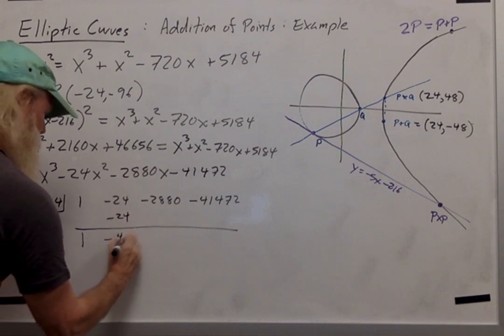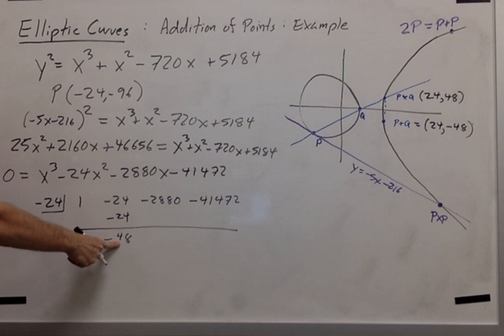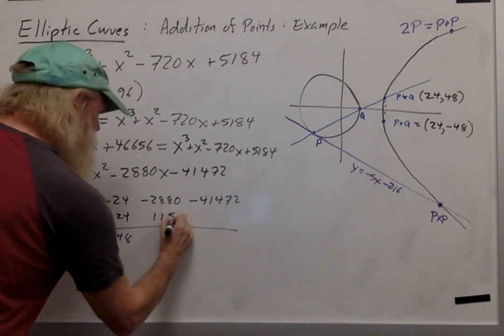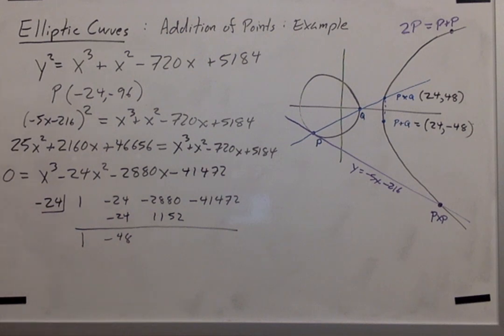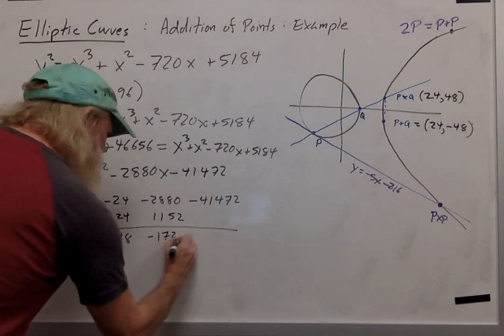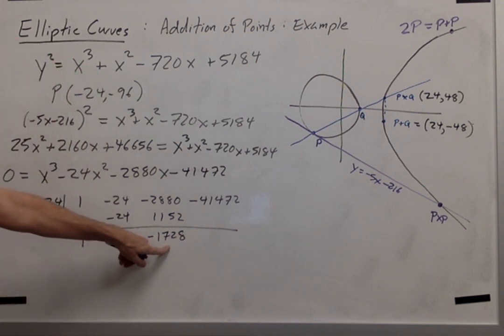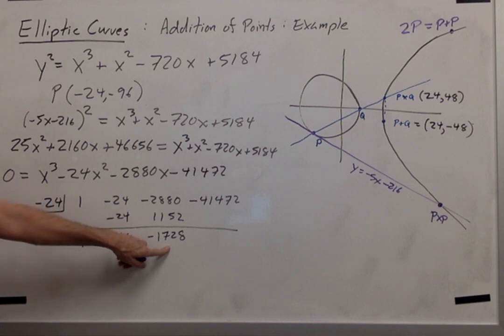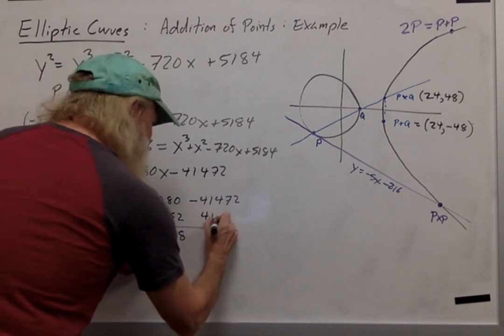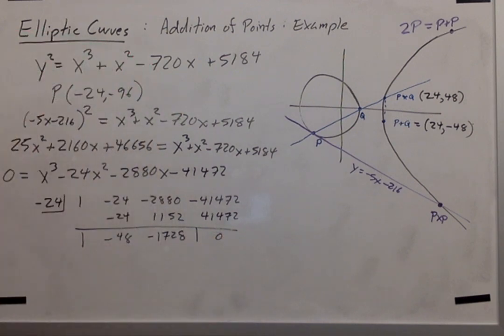Adding, negative 48. Negative 24 times negative 48 is 1152. Adding, I get negative 1728. And negative 24 times negative 1728 is 41,472. So I get a remainder of 0, just like I ought to.